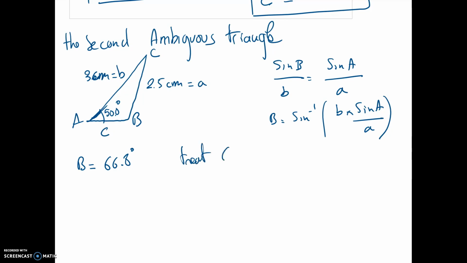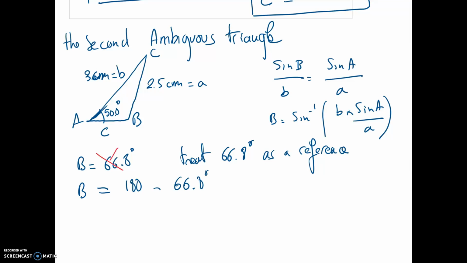But we need to treat 66.8 degrees as a reference. Therefore, B is supposed to be equal to 180 minus 66.8 degrees. I need to break that down because we need to treat 66.8 degrees as a reference, and therefore I end up with an angle equal to 113.2 degrees.